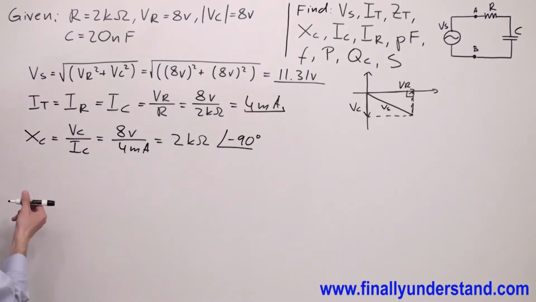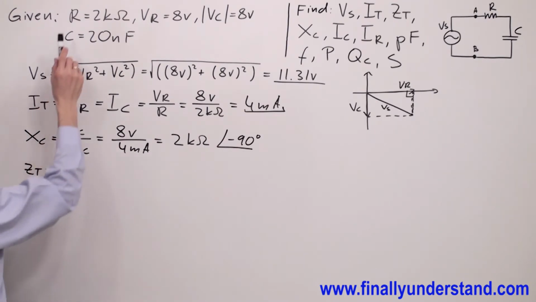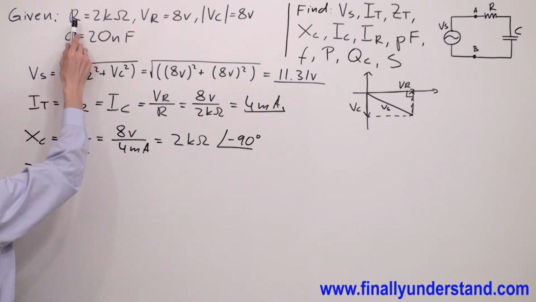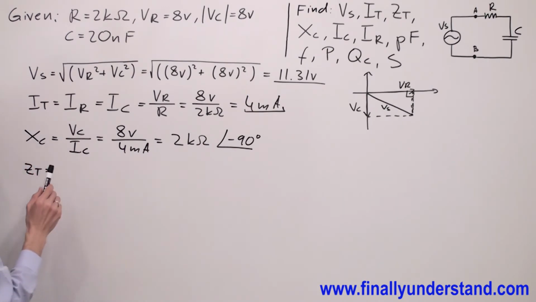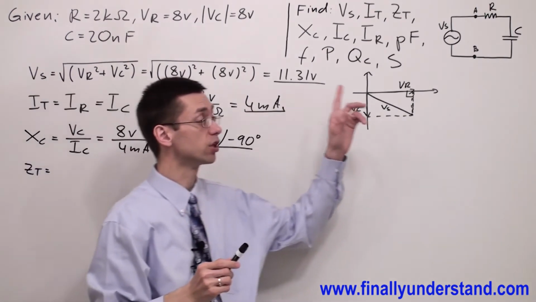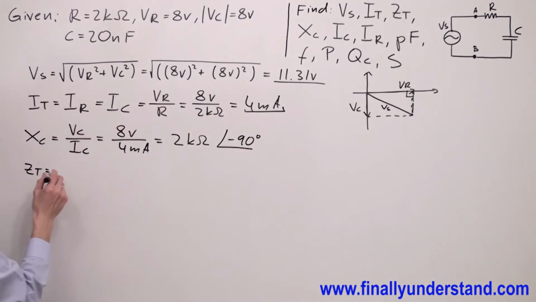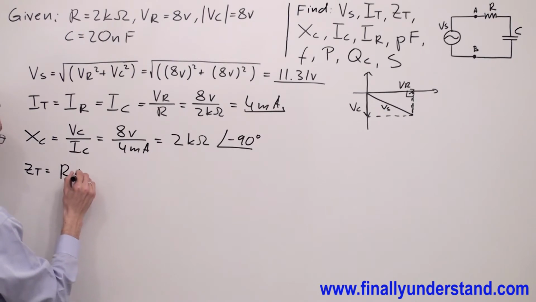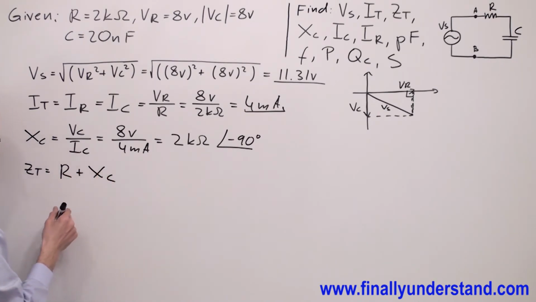Next, we're supposed to find Z total, because we have the given value of resistance and we found the value of capacitive reactance, and we know that this is a series circuit. We can find the total impedance by adding the resistance to the capacitive reactance, because this is a series circuit.